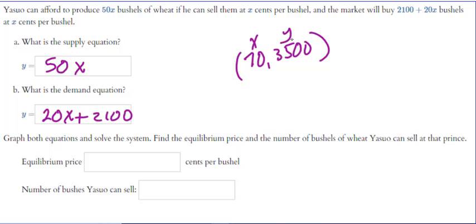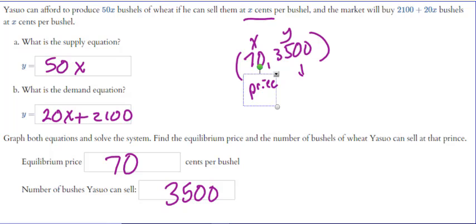The price would be 70 cents per bushel, and the number of bushels would be 3,500, because x is price, and y is the number of bushels. So that's kind of what this one is.